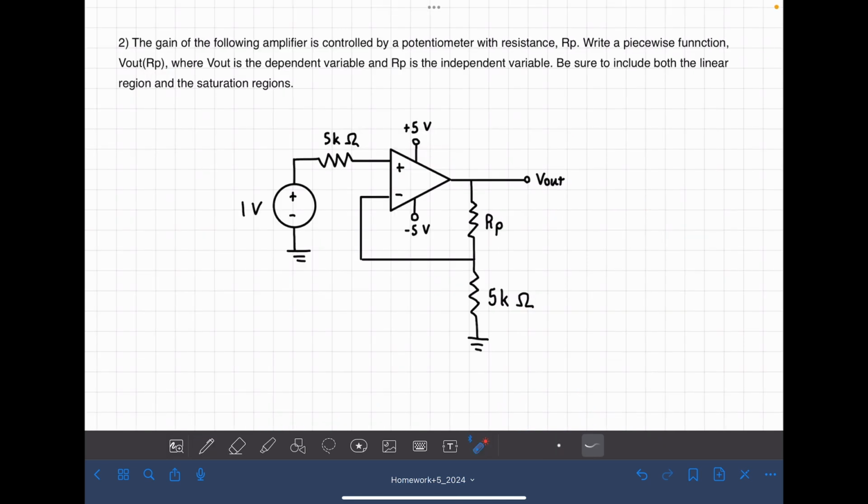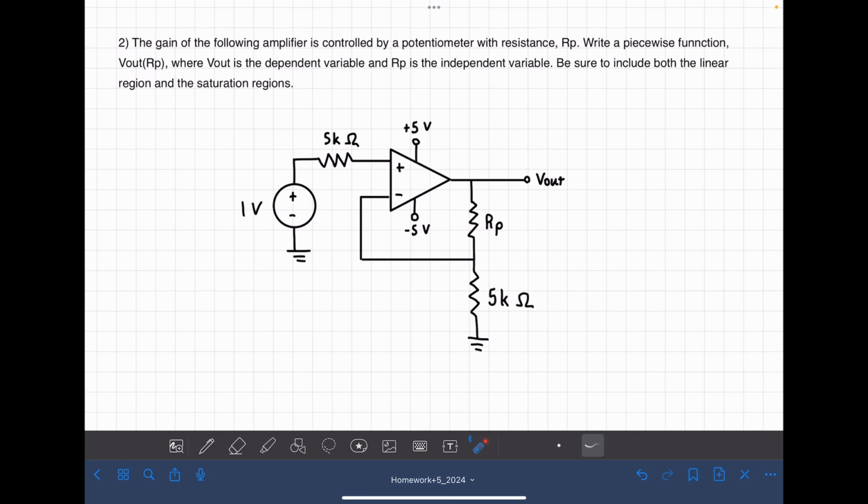Okay, so for this circuit, we have an op-amp with a variable gain that is controlled by the resistance of this potentiometer, Rp, here. So we need to find a function for V out in terms of Rp. So as we vary Rp, we want to find what our V out would be at any given point.